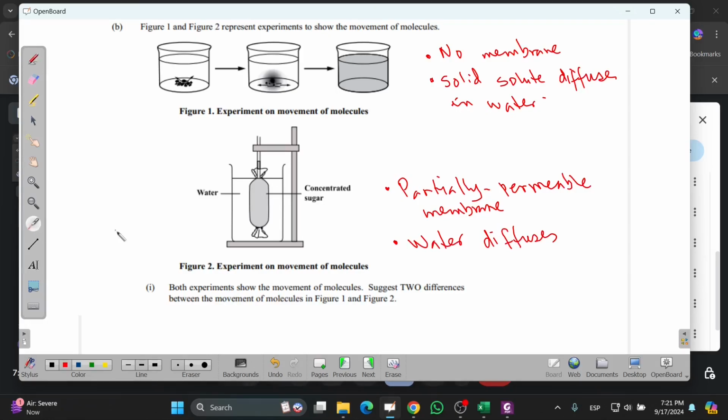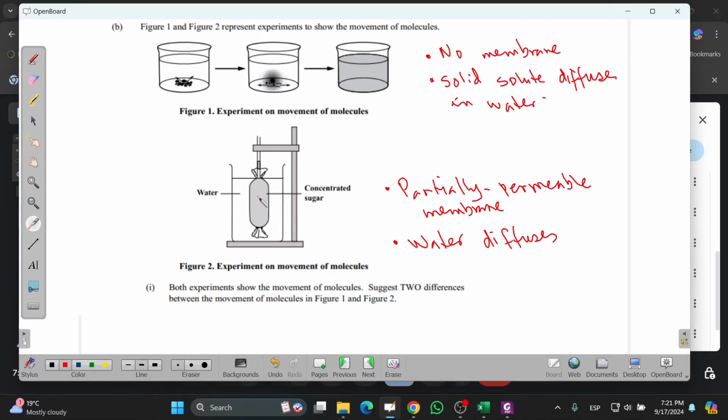There is water on both sides, but the water will diffuse into where it is thicker, right? From where it is more watery or just water into where it is thicker, more solute concentrated. You see, guys, in this experiment, there are two ways of making the concentration on both sides even.